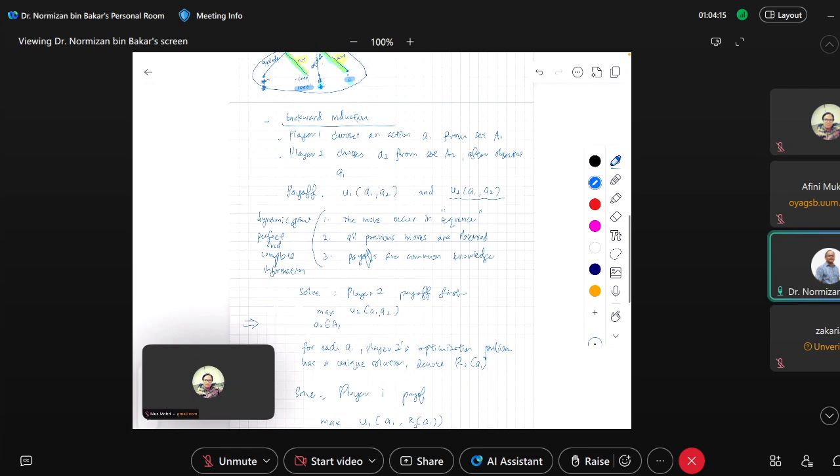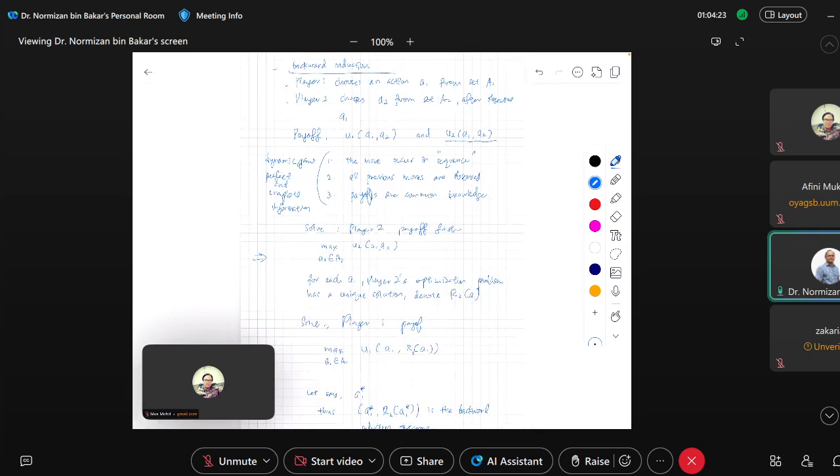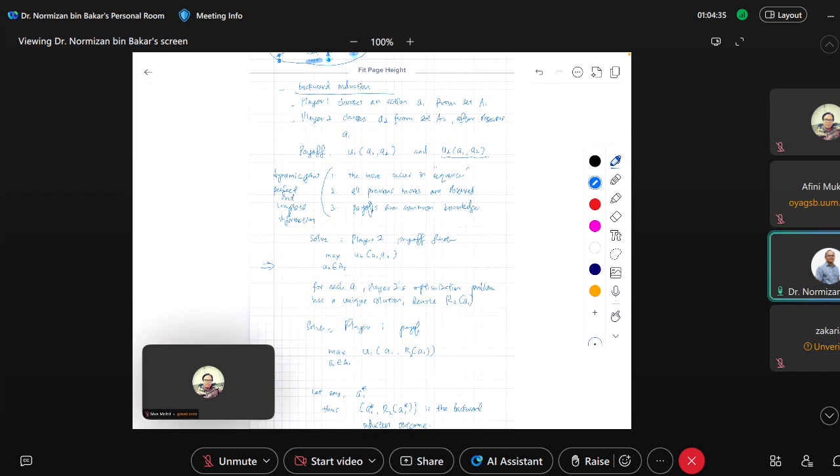But as player 1 moves first, it bases its choice on the credible choice of the second player. So in the game theory point of view, here is the way we describe the solution technique that we call backward induction.